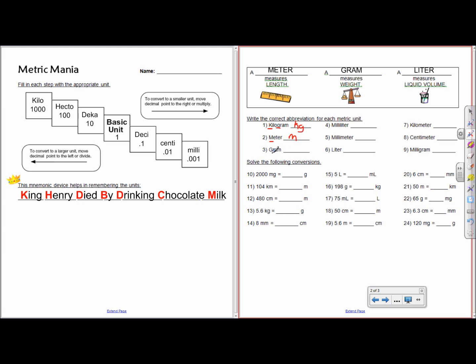Gram, we got nothing in front of it, so it's our basic unit of gram, which is just the letter G. Milliliter, we have our basic unit of liter with the word milli in front of it, so we have an M for milli. And our liter is simply an L. Your job right now is to finish off these 5.